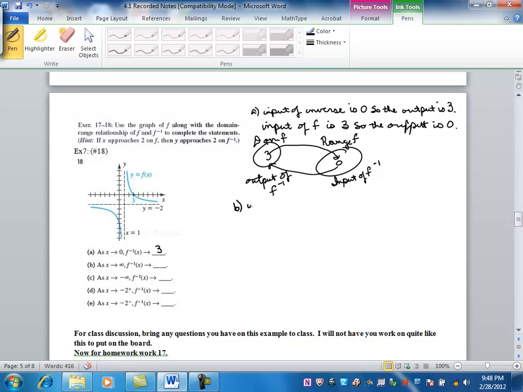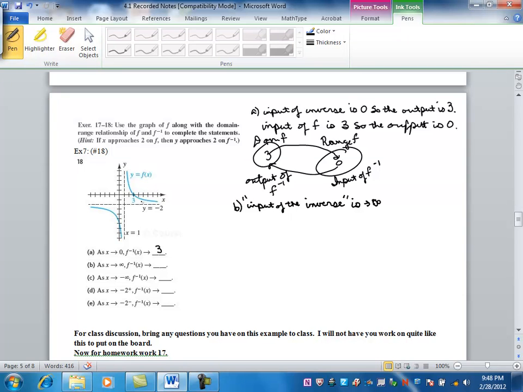So, again, the input of the inverse, if you will, and I'm going to put this in quotes because we can't really put infinity into a function, but the input of the inverse is approaching at least infinity. Now again, y is approaching infinity.